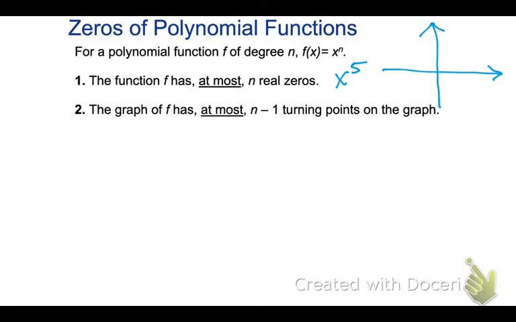I was counting to make sure I did 5: 1, 2, 3, 4, 5. So it turned once, twice, 3 times, 4 times. Do you see that? That makes sense when I'm talking about turning points? So these things would also be called what?